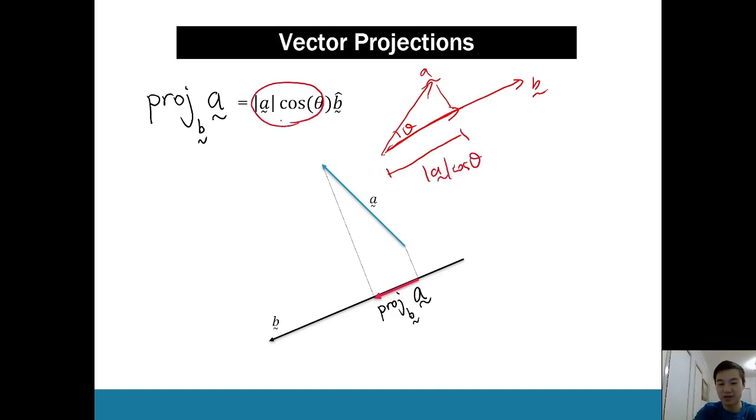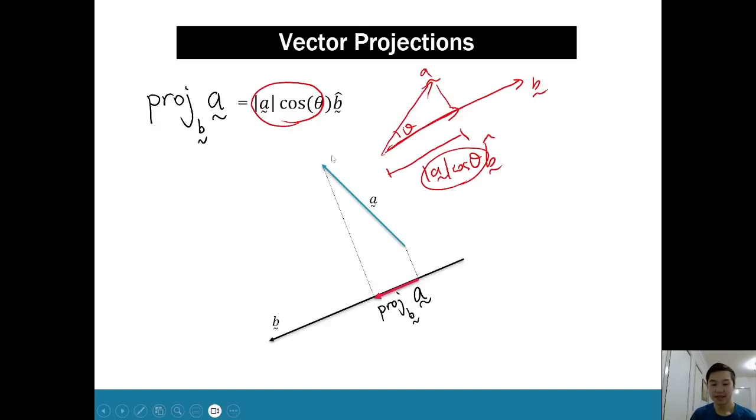That accounts for the length. But to get the direction, to make sure it's going in the same direction as B, we multiply it by the unit vector of B. That is in the same direction as B, but with a magnitude of this result.